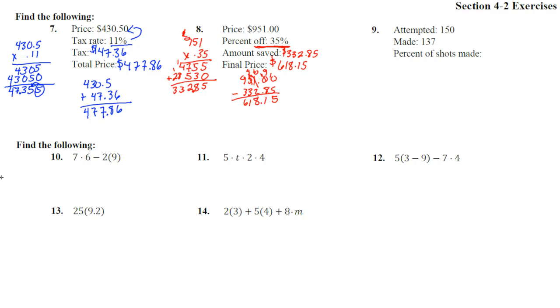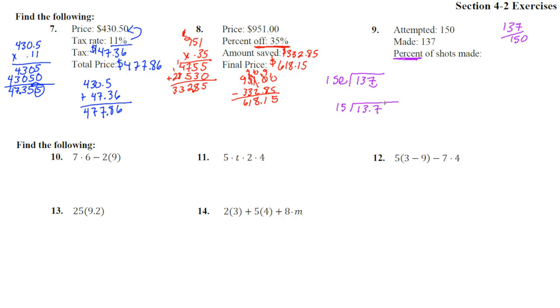Number 9. Now we have the attempted shots, 150. Made was 137. So we have to do 137 out of 150. That's a division problem. Yeah, we're trying to find percent, so we won't be timesing, we'll be dividing. So 137 divided by 150. We can move the decimal 1 place and 1 place, so that's 15 into 13.7.